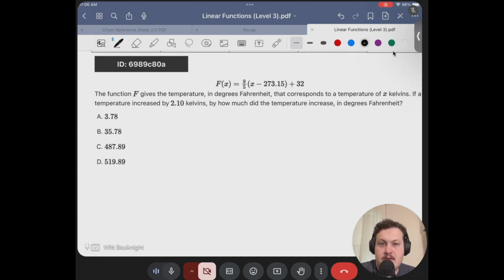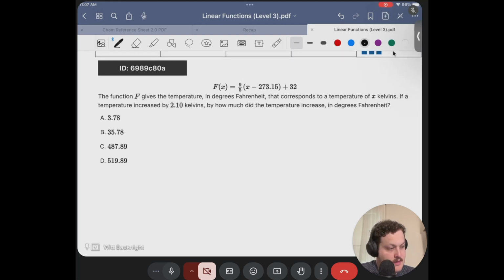F gives the temperature in Fahrenheit, and the corresponding temperature is X Kelvin. If temperature increased by 2.1 Kelvin, by how much will the temperature increase in Fahrenheit? All right, so going up by 2.1 Kelvin, the constant has nothing to do with that. It's all about this 9/5, that's going to give us the slope.